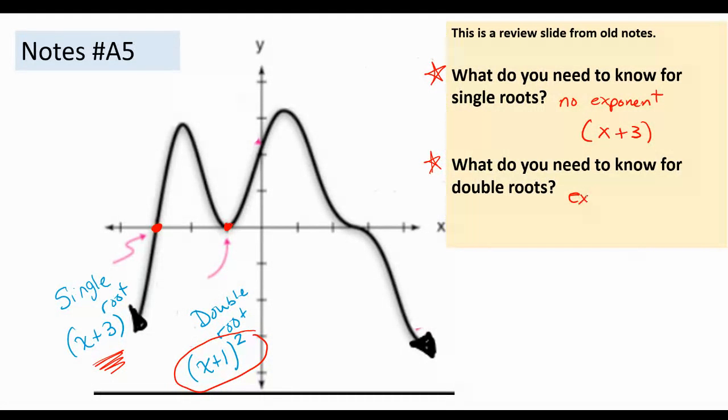Has an exponent. Something like x plus 1 squared. Okay? And on the graph, the double root comes when your graph comes down, touches, and goes back up. A single root, the graph goes right through the x-axis, okay?